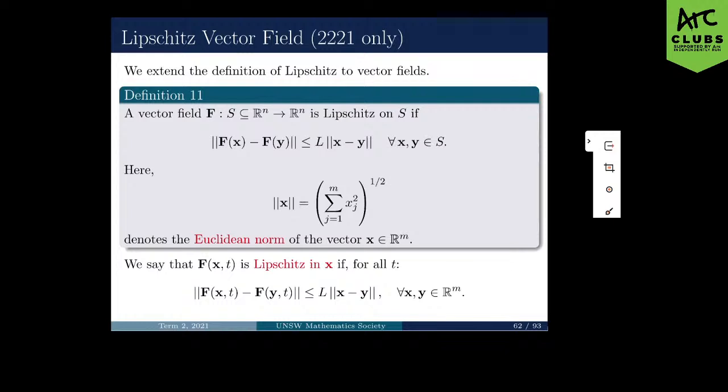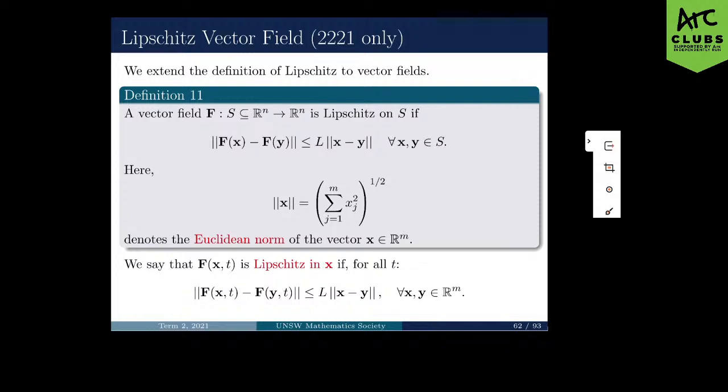Anyways, so we also have vector valued functions. We can also define it for vector valued functions that aren't vector fields, where the input has one more dimension than the output.